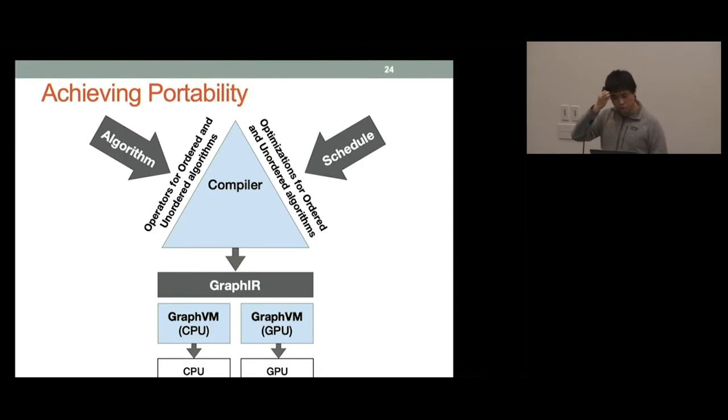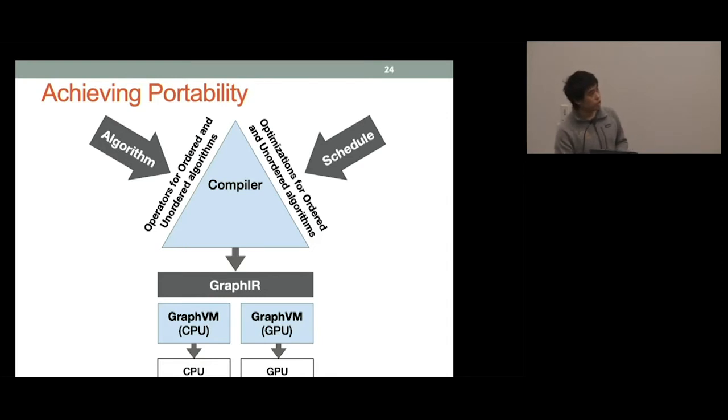And then more recently, we've been designing this GraphIR. It's an intermediate representation inside the compiler, which captures many of the optimizations that you would want to apply to a program, but this GraphIR is hardware independent, so it doesn't depend on any specific platform that you're running on. This makes it much easier to extend the GraphIt compiler to support other backends, because you don't have to re-implement the entire compiler yourself.